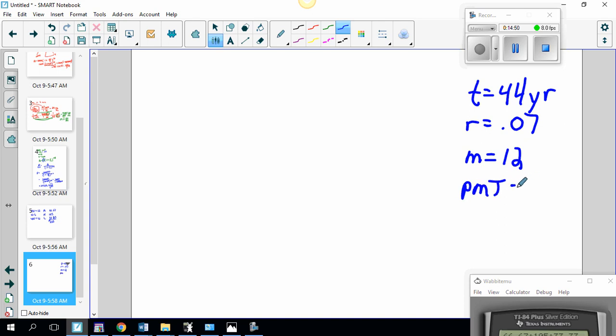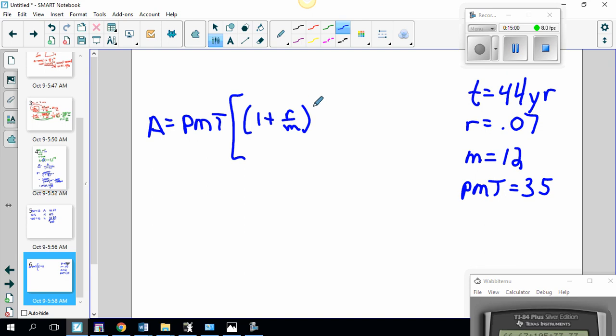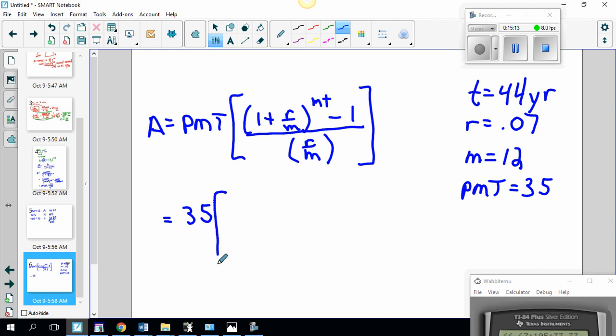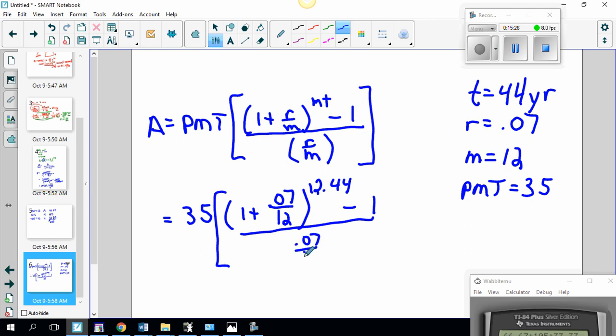PMT 35. A equals PMT times 1 plus R over M to the MT minus 1, all over R over M. Payment 35, 1 plus 0.07 divided by 12 to the 12 times 44, minus 1, over 0.07 divided by 12.